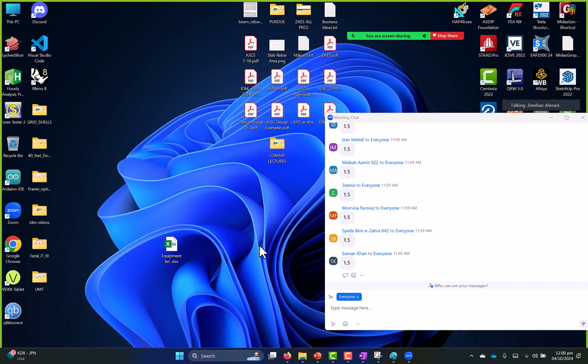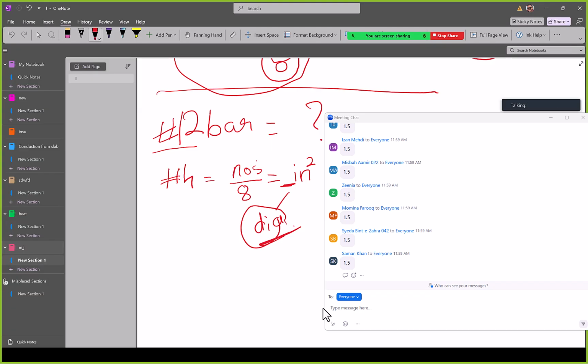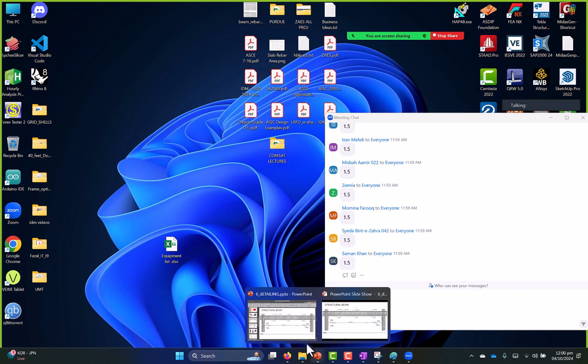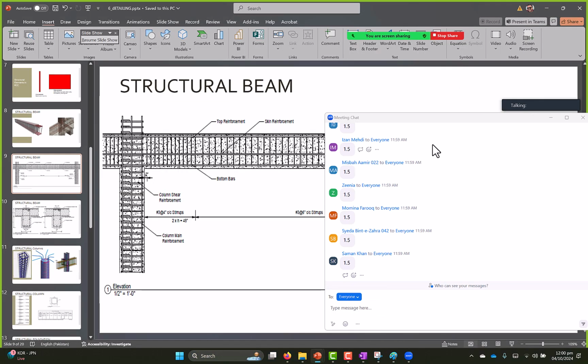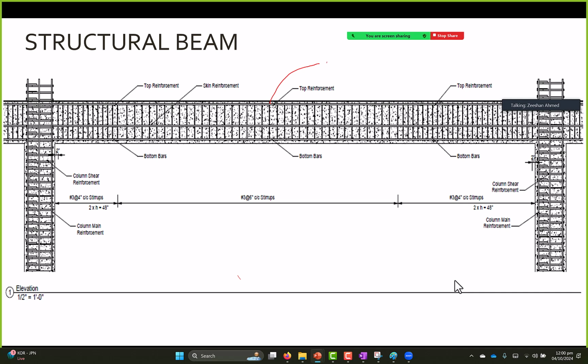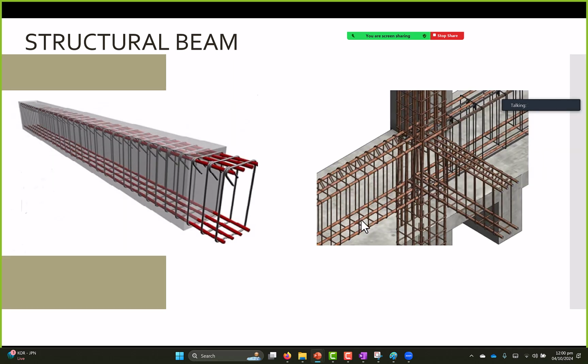Going back to the presentation, if I say these are number 6 bars, how many are there? 1, 2, 3, 4.